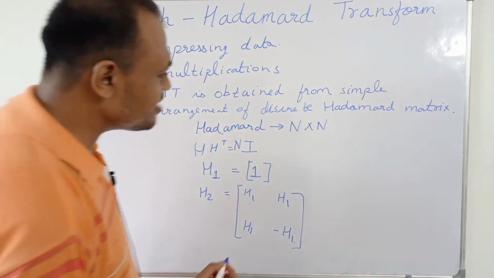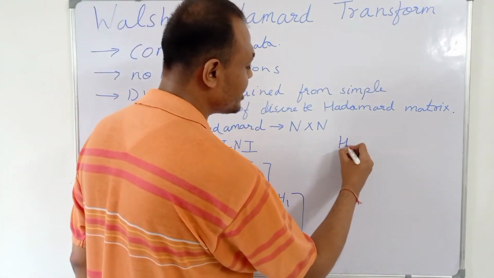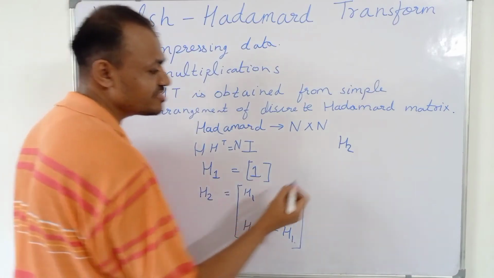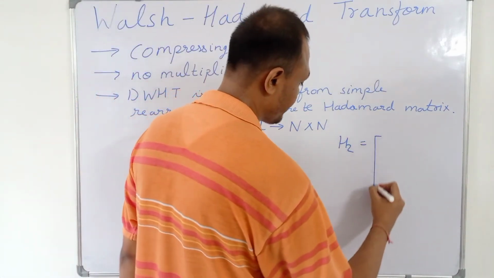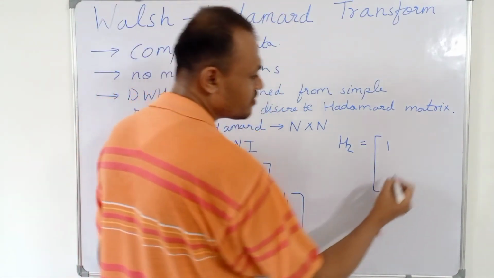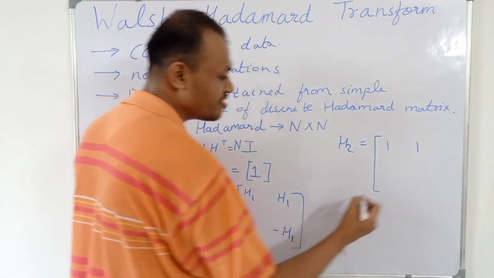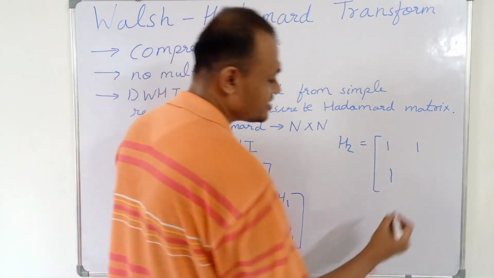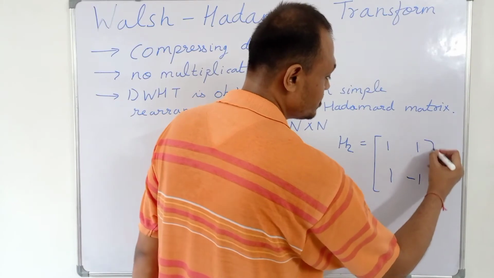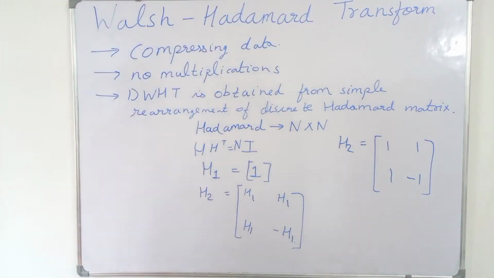So H of 2 will be equal to H of 1, which is 1, then again H of 1, which is 1, then again H of 1, 1, then minus H1, which is minus 1. So this is the Hadamard matrix of order 2, or a 2 cross 2 Hadamard matrix.